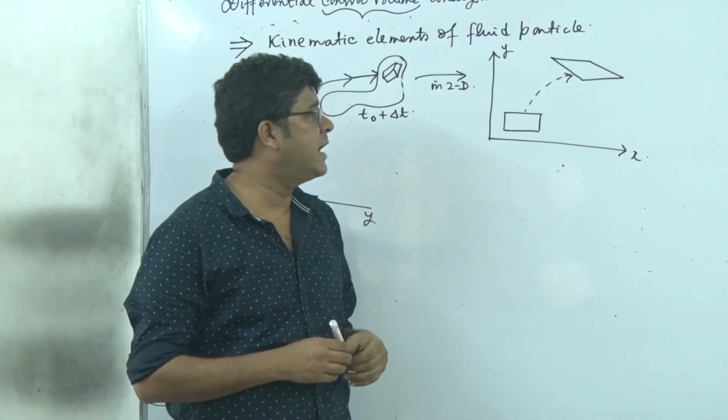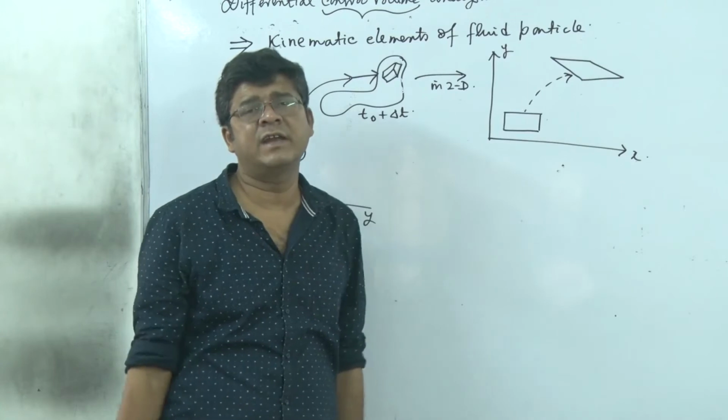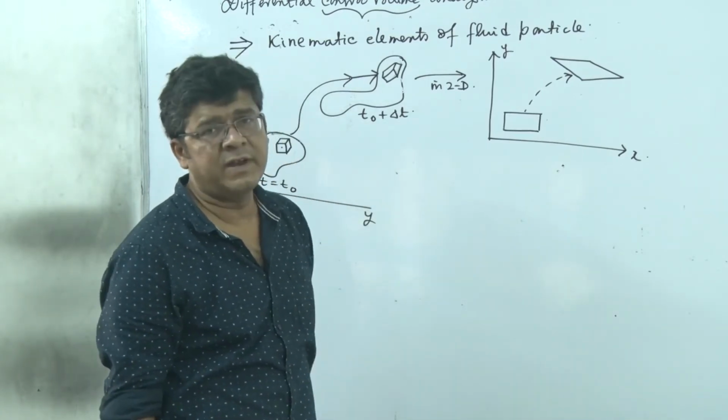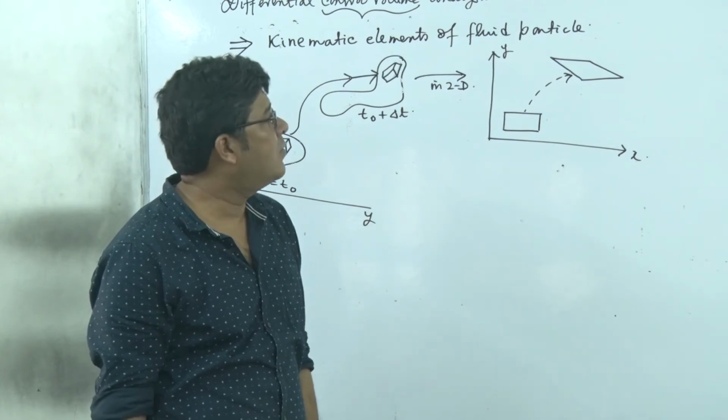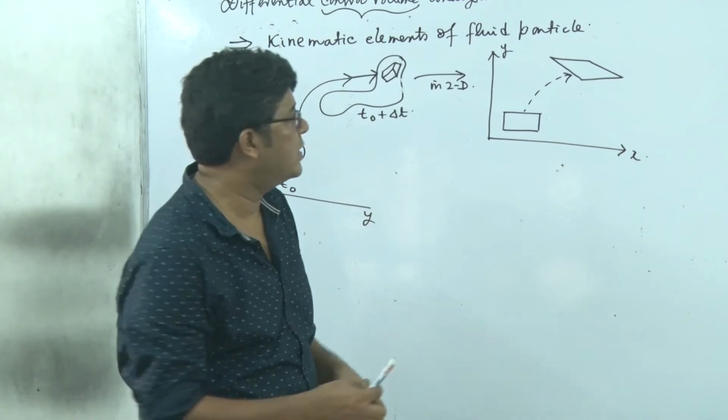So immediately we can identify, actually this is the consequence of four different kinematic operators. What are they? First one is definitely translation, the second one is rotation, third is linear deformation, and fourth is angular deformation.